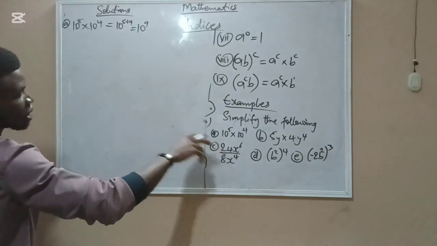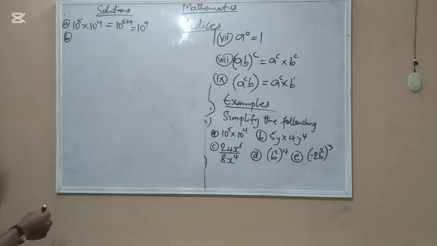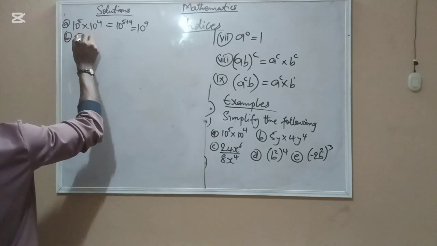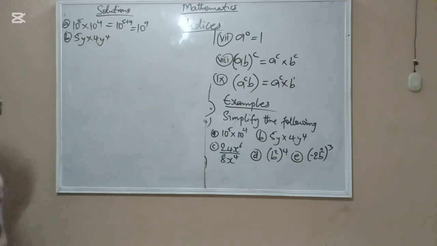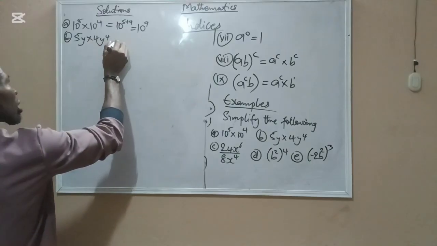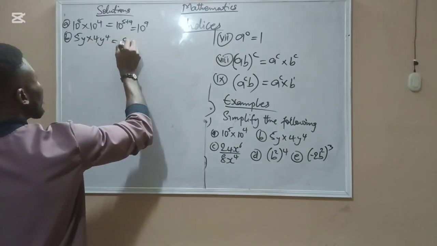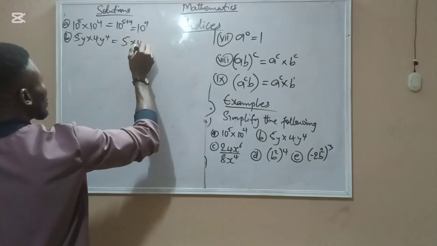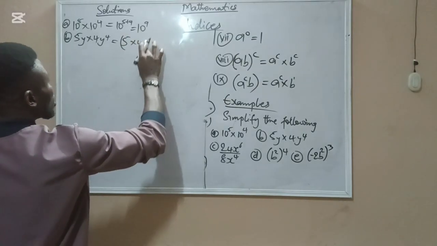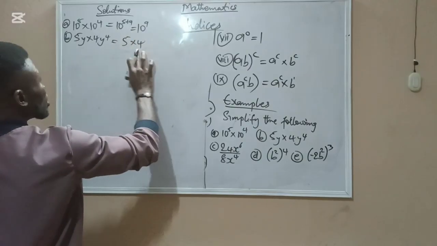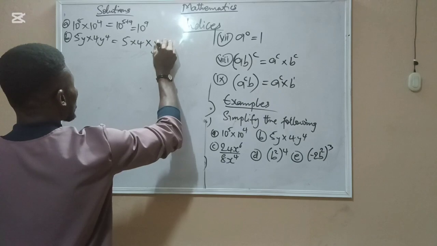Then the second one says B, which is 5y multiplied by 4y to the power 4. Now, this is the same thing as 5 times 4 times y times y to the power 4. Let's forget about the bracket first.